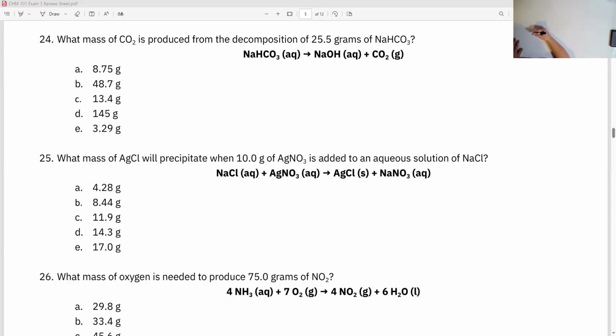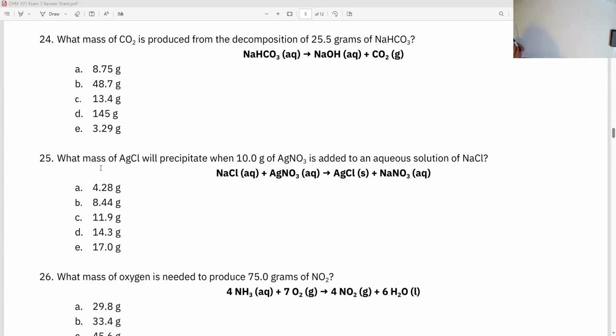Okay, so we'll look at questions 24 and 25 next. 24 is asking us to find the mass of the CO2 that's produced from the decomposition of 25.5 grams of NaHCO3. So we'll be relating these two things.